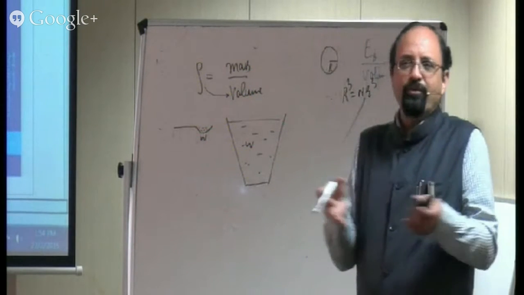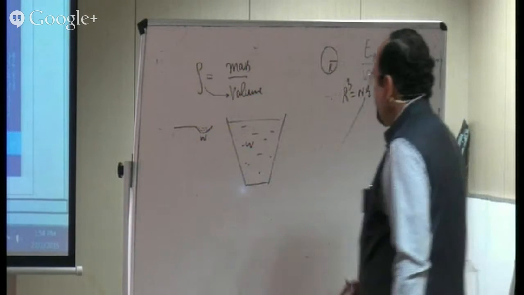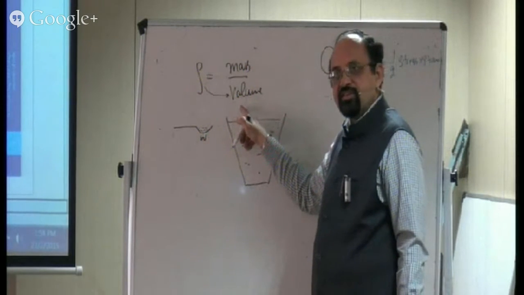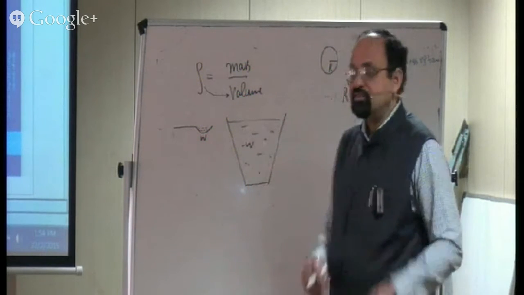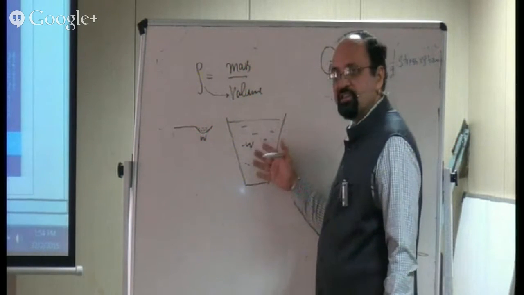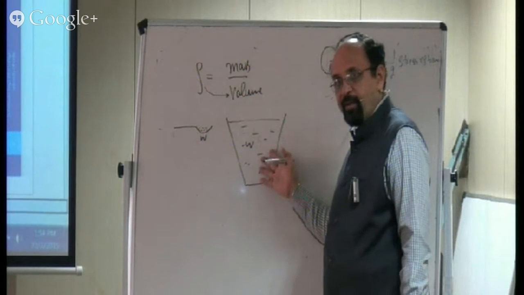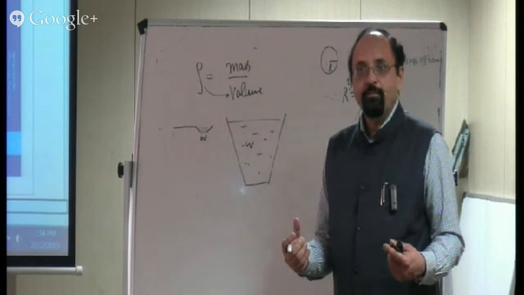You can't think of a bucket smaller than a spoon. The spoon will be of very odd size then. But if I take that relation, the density is inversely proportional to volume, I could land up with a wrong answer saying that the density of water is less in this case. See, the volume is more here, but it is water again. The density is going to be the same.